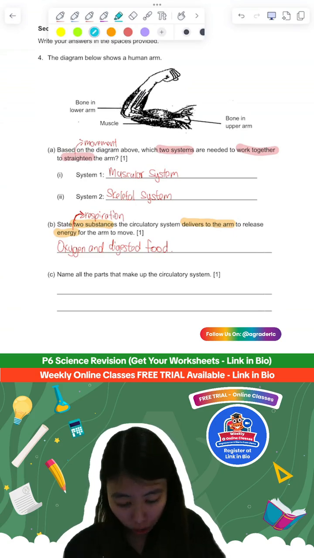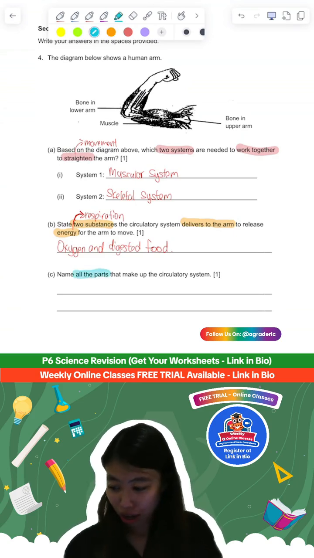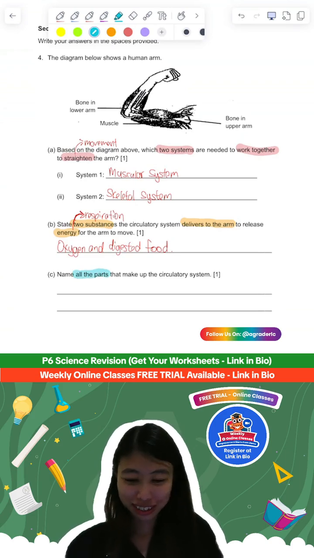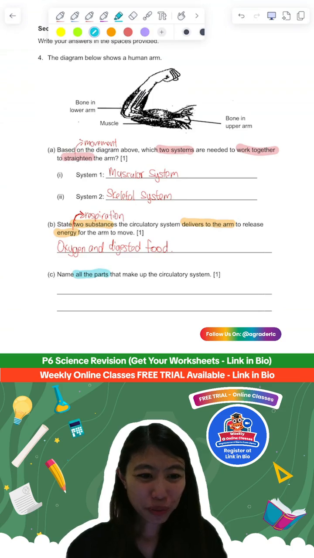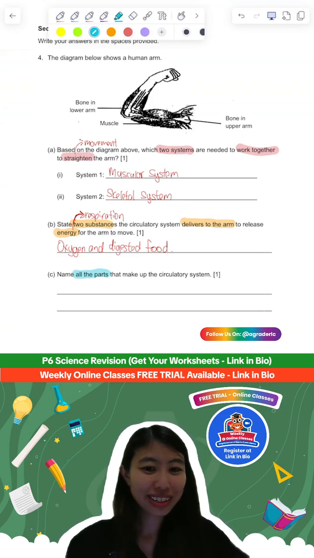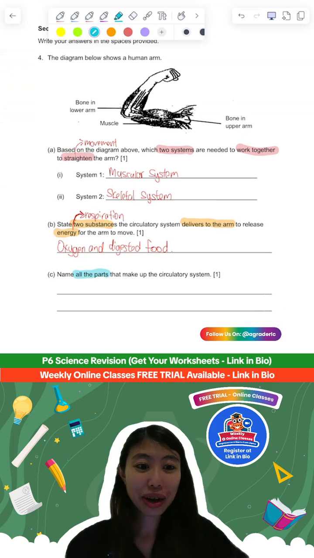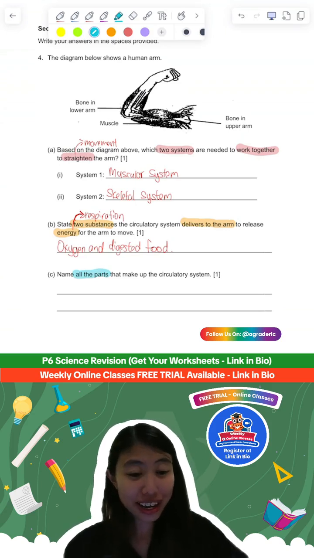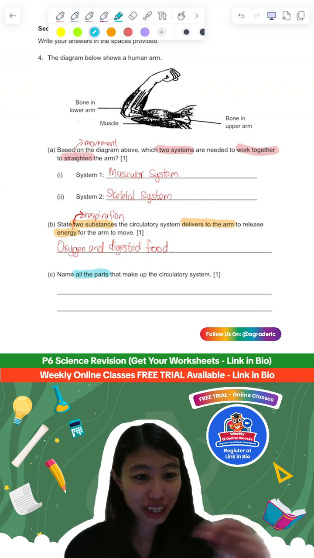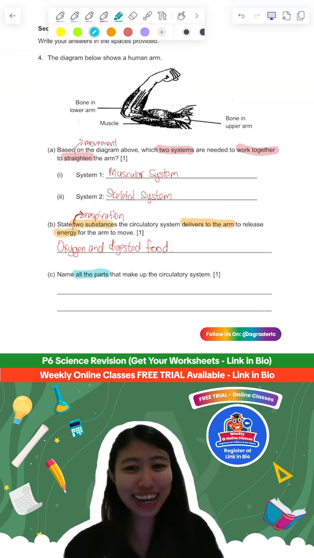Everybody, you can send in your answers to me if you know this. Name all the parts that make up our circulatory system. There are three. Heart, blood vessels, and blood. Most of you got it correct. Shine, Beyond, Yambu, Peppa Pig, very good.